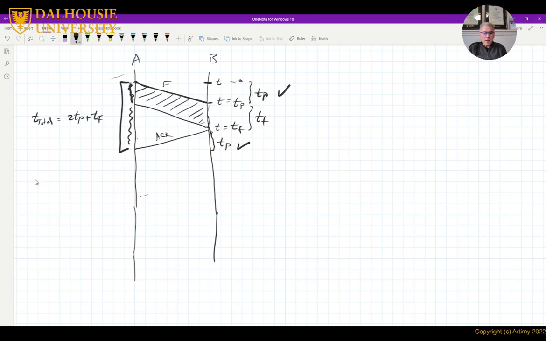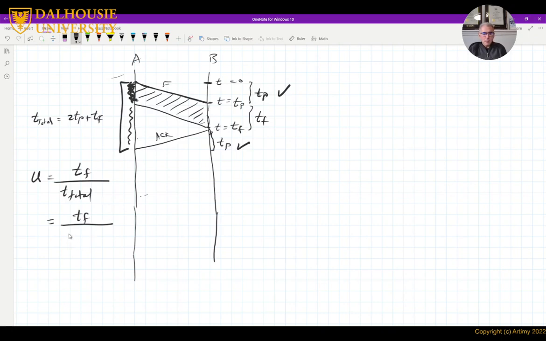So if I look at the utilization here, I can say that it is the time to send the frame divided by the total time, which is TF, the time to send the frame, this part, right?